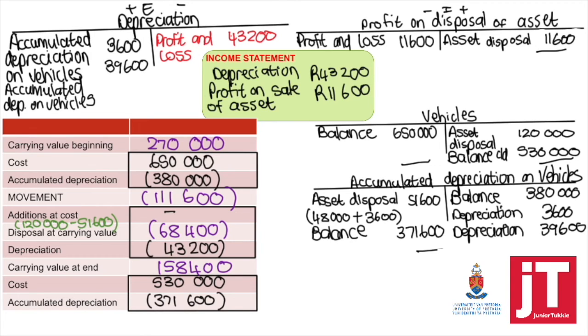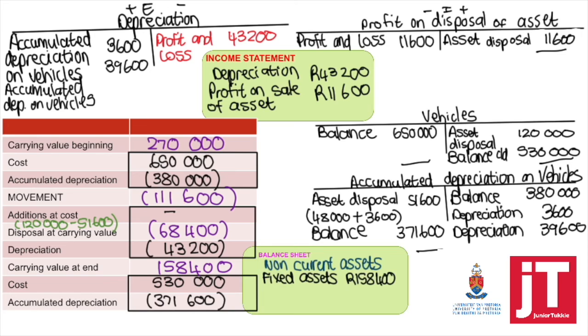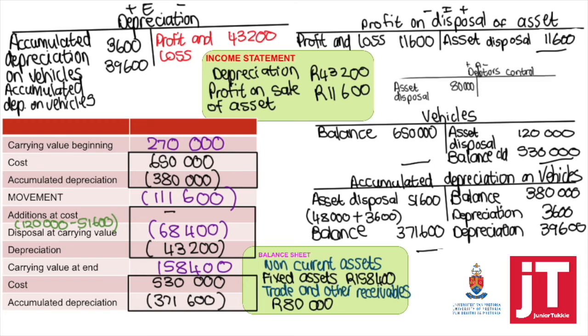If I calculate the cost minus accumulated at the end, it should equal exactly the same. In my balance sheet, on the face of the balance sheet, I'm going to have fixed assets at carrying value. Trade and other receivables, 80,000 for the debtors control, the asset which we disposed of on credit.